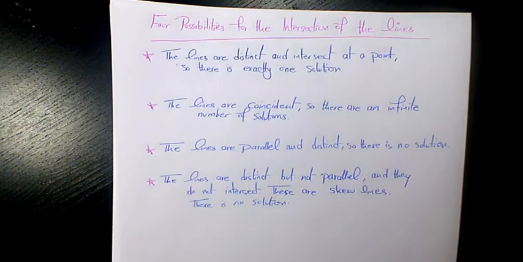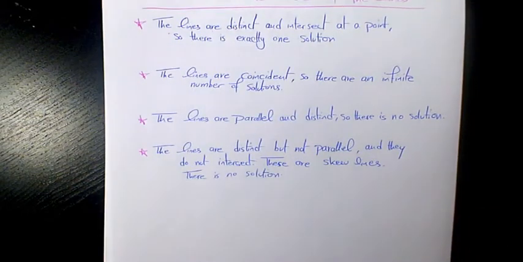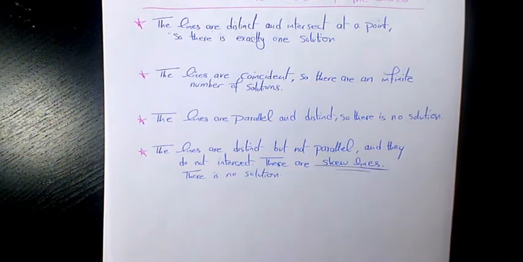Third, the lines are parallel and distinct and there is no solution, like the previous example. And the last one: two lines that are distinct but not parallel and do not intersect. They are called skew lines. Skew lines don't have any solution. They are not parallel and they also don't intersect.